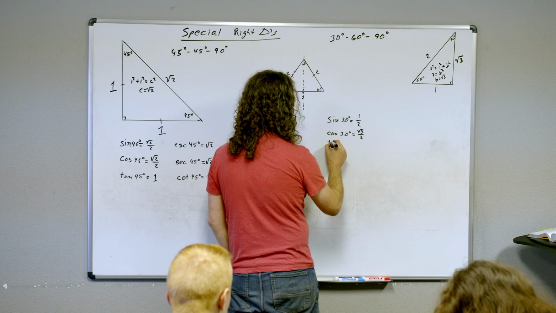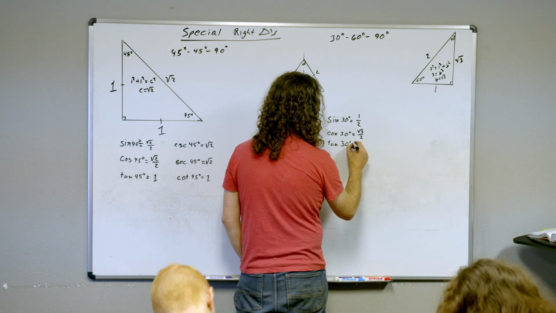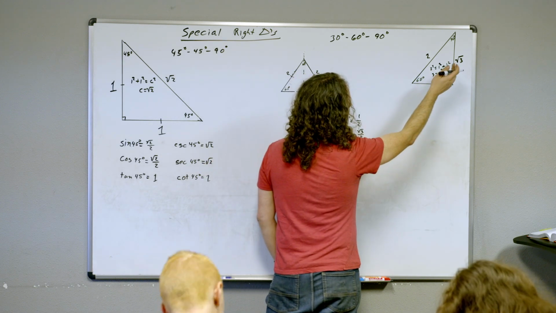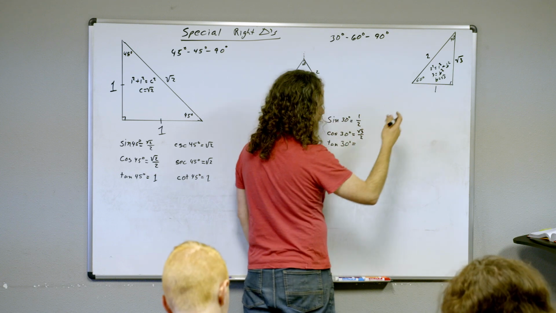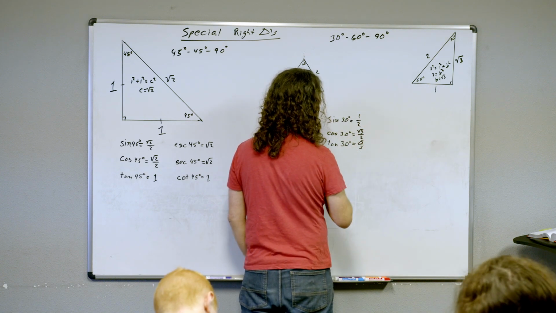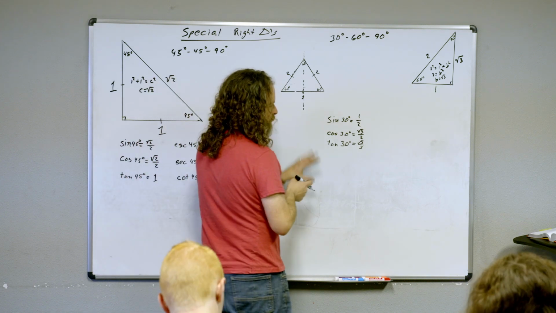And the tangent of 30 degrees would be 1 over the square root of 3, which rationalizes to the square root of 3 over 3, right? And then the reciprocal ones, just flip these over.